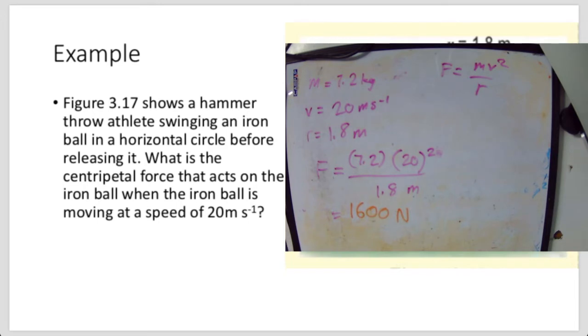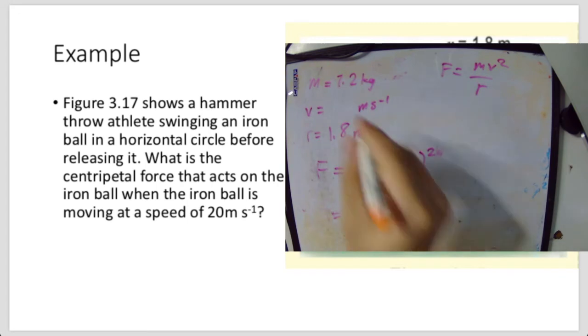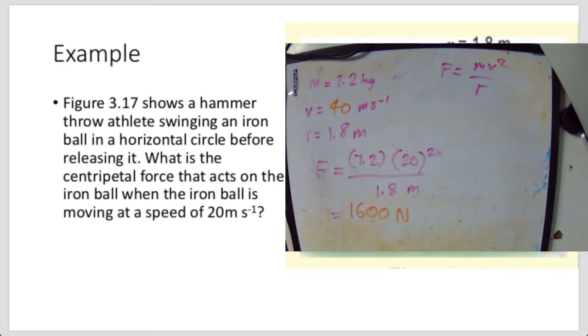Okay, now let's try something. This is not part of the question, but let's see what happens if we were to spin the ball faster. If instead of 20 meters per second, we change it to 40 meters per second, what will happen to our answer?